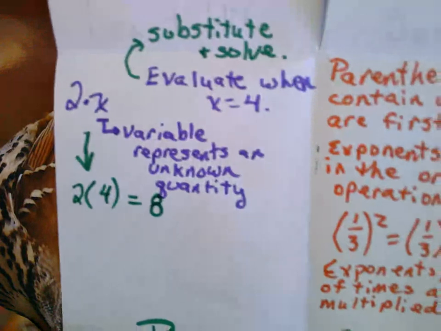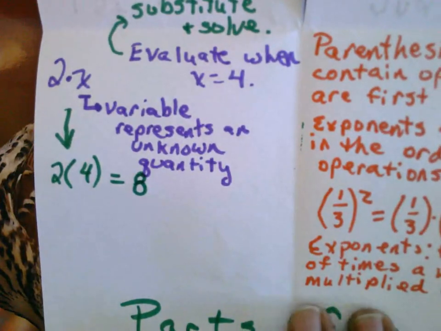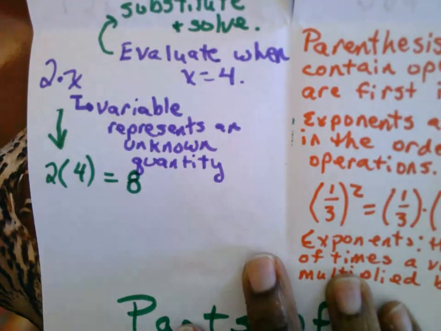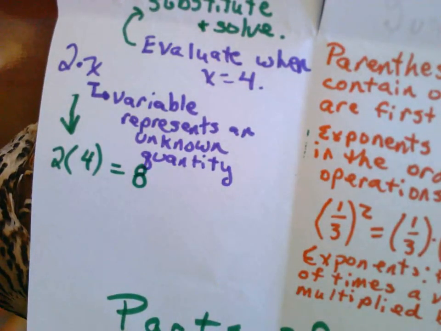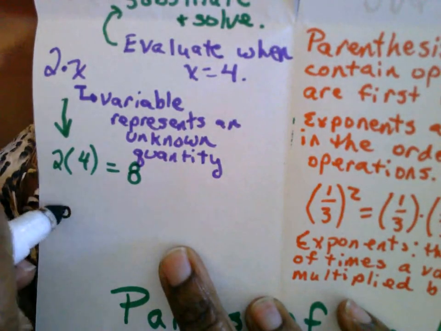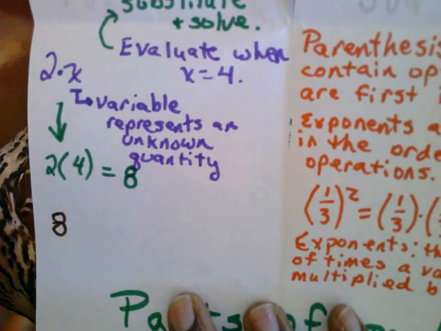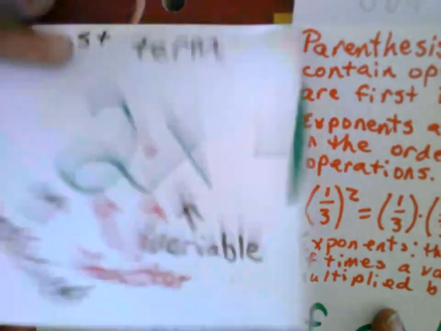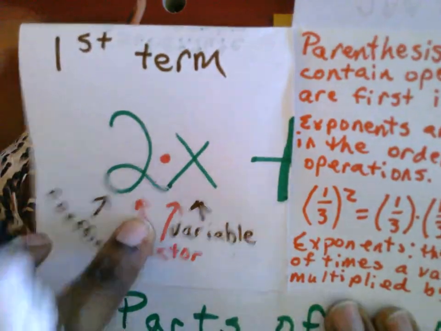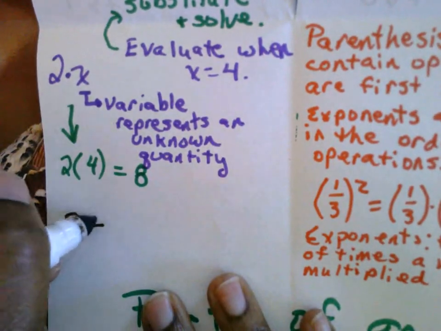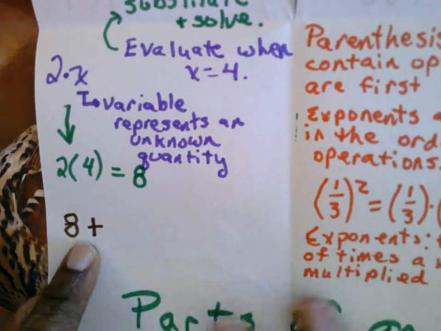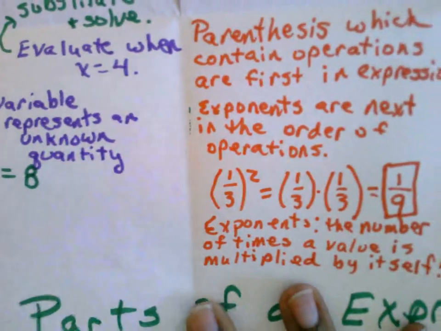Now, we are ready to clean up the entire expression. The first term is equivalent to 8. What happens after you have the value of the first term? You're adding. What are you adding to the first term? 1/9.